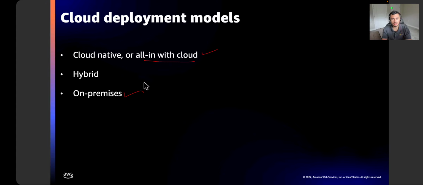On-premises would be the opposite, so all your data, resources and workloads run on premises. We might be using some kinds of virtualization software to help us utilize our resources more efficiently, but essentially everything is running on premises. And then we have the hybrid model, which is a combination of both.